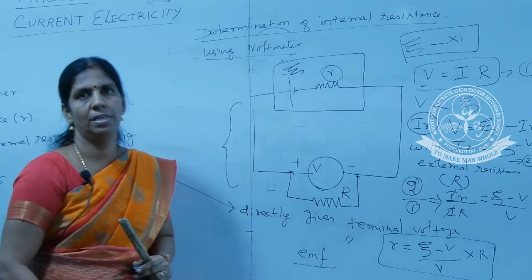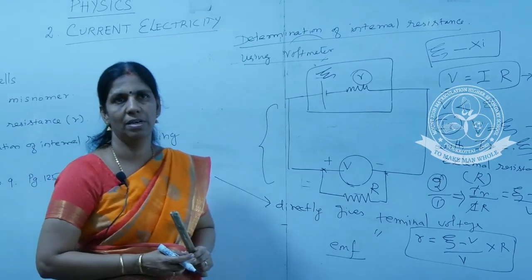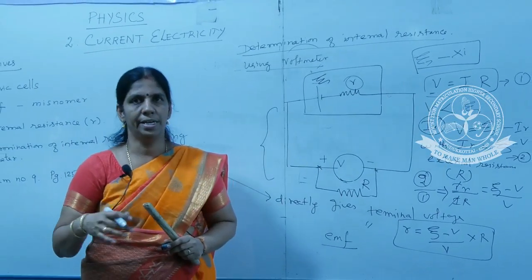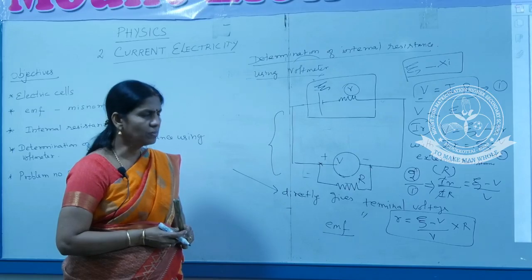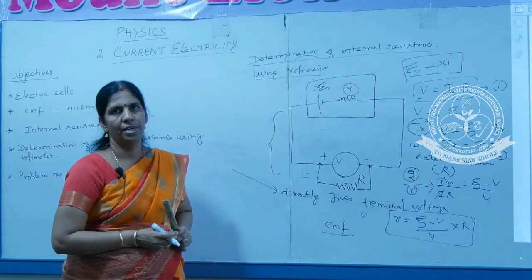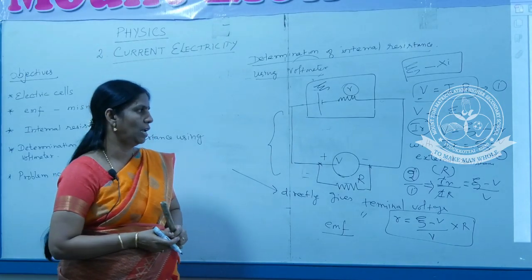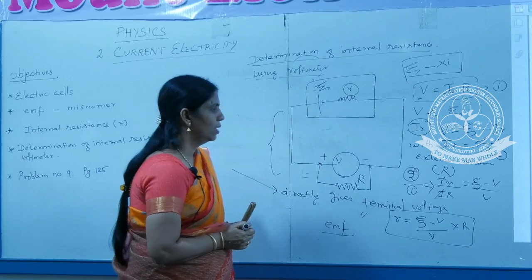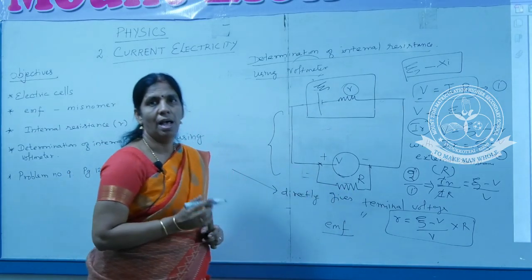You should remember that if it is a freshly prepared cell, then its internal resistance value is very low. It increases with aging. So, it is always better to use a freshly prepared cell to avoid such a deviation from the exact value. Now, coming to the power, what will be the power rating?